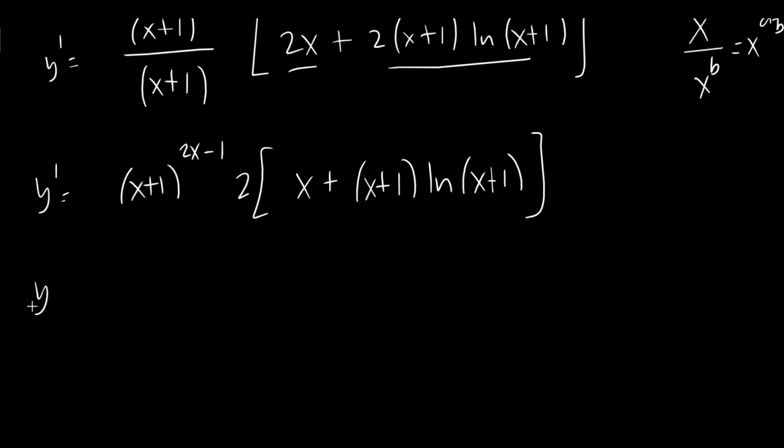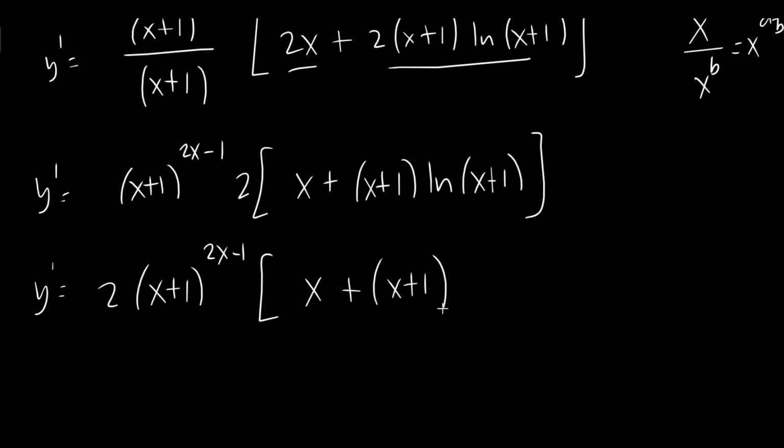So we have y prime is equal to 2 multiplied by (x + 1) raised to 2x minus 1, multiplied by (x + 1) multiplied by ln of (x + 1). So this will now be our final answer.